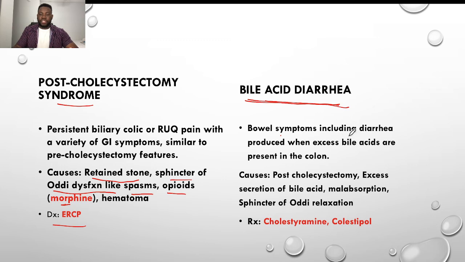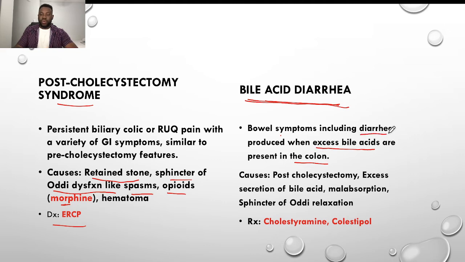So in this patient, what is happening is that they are having excess bile in the colon, because now there's no gallbladder to store it. So when it's coming from the liver, it just goes straight into the GI tract. So when they have excess bile in the colon, they are going to absorb more of that bile into their blood, and then they'll have symptoms of jaundice.